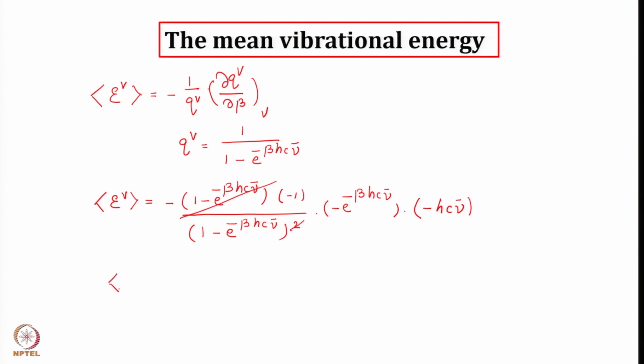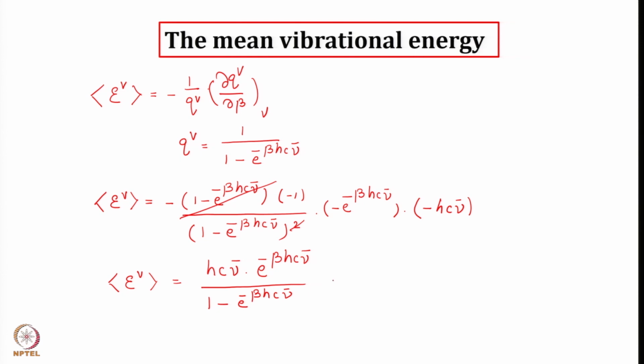So what I have is mean vibrational energy is equal to hc nu bar into exponential minus beta hc nu bar divided by 1 minus exponential minus beta hc nu bar. So I have got now this as an expression for mean vibrational energy.